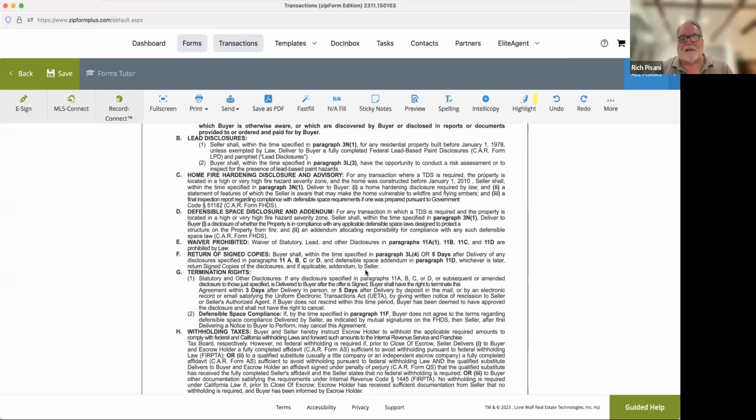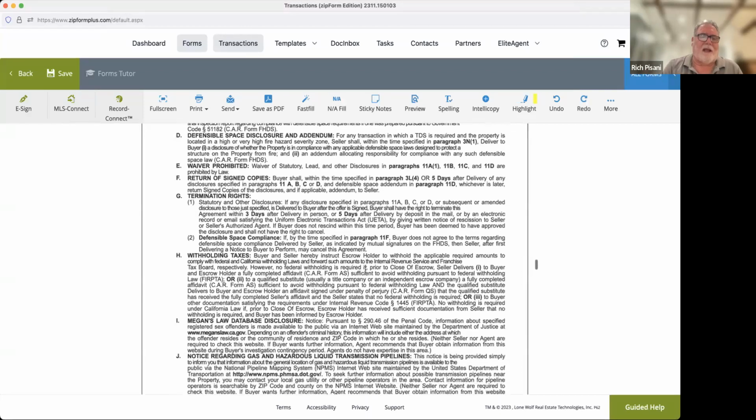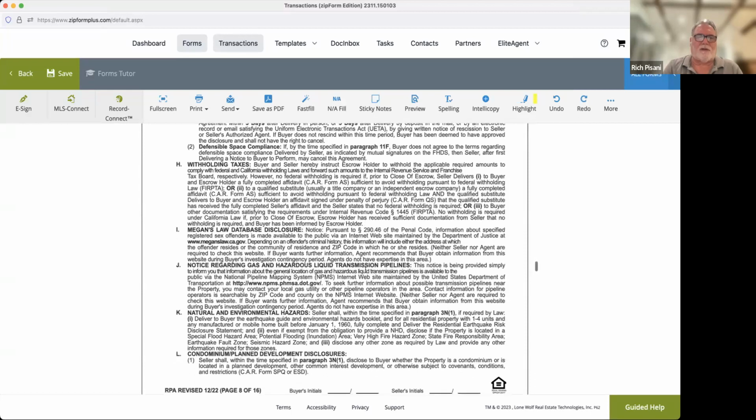If any disclosure specified above is delivered to buyer after the offer is signed, buyer shall have the right to terminate within 3 days after delivery in person, or 5 days after delivery, if they don't agree with anything on these disclosures.